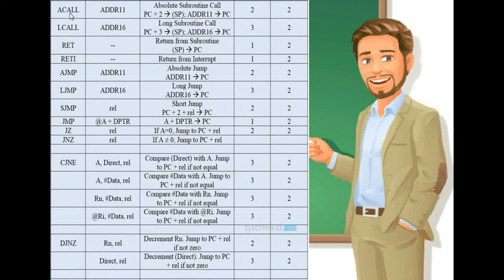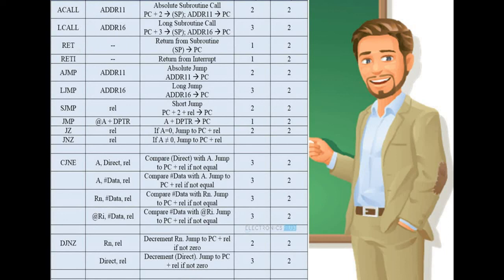Coming to the first one, ACALL is nothing but absolute subroutine call. In this description, program counter plus 2 is given to the stack pointer. What is a subroutine?